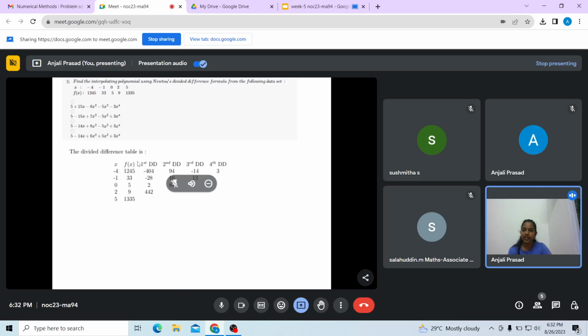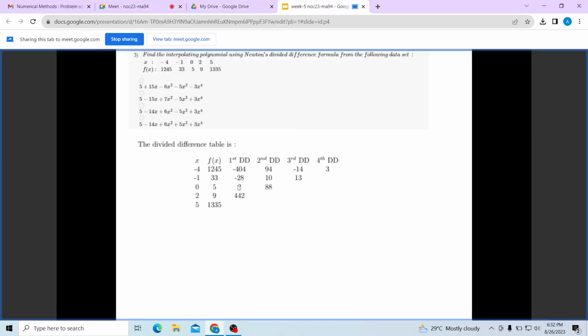Now the second column will be the function values at those points x. So at x equals minus 4 you are getting 1245, at minus 1 you are getting 33, at 0 you are getting 5, at 2 it's 9 and at 5 it is 1335. Now calculate the first divided difference column.